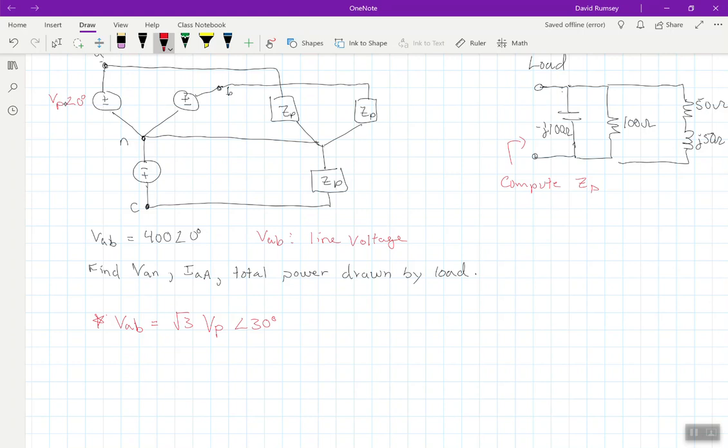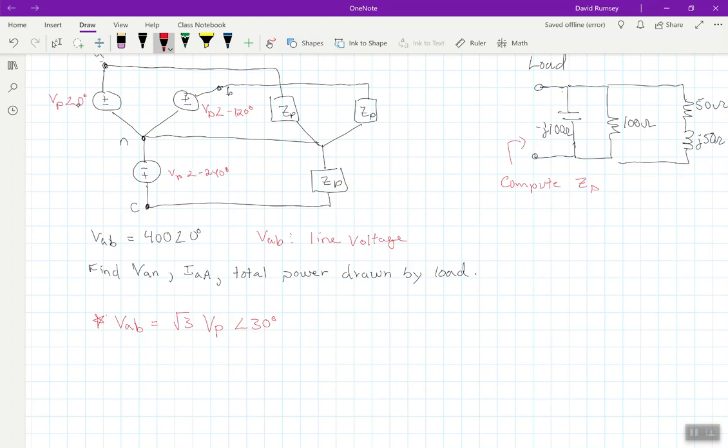So this would be VP at an angle of 0 degrees, VP at an angle of negative 120, VP at an angle of negative 240 degrees.